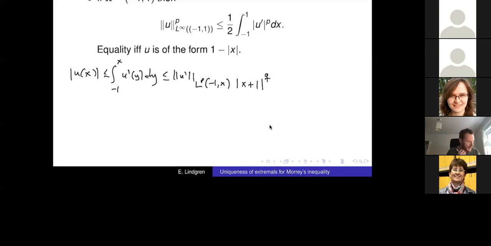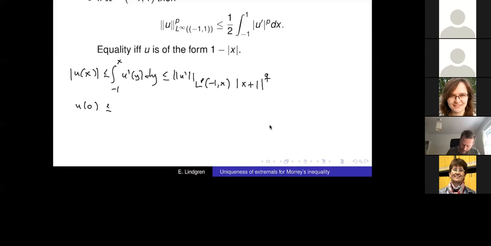And then if you assume that the maximum value of u is attained at 0, which is the midpoint, you get that u of 0 is just bounded by, then the term with x plus 1 just becomes 1.